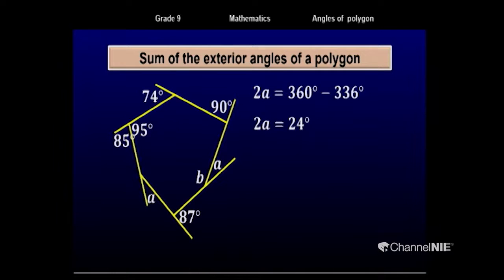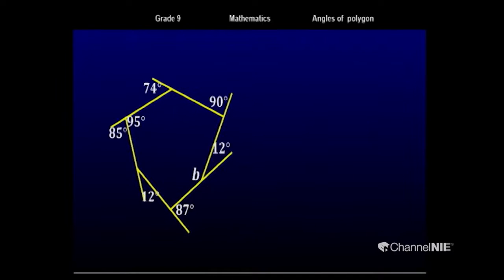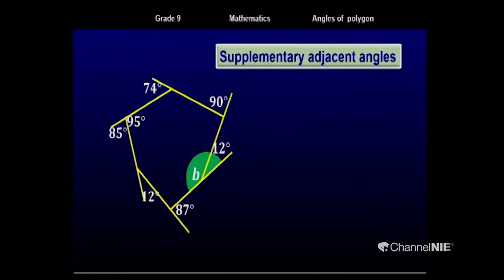But here we have to find the value of A. What do we have to do? Yes, 24 divided by 2. That means A is equal to 12 degrees. Okay children, now we have found the value of C and also A. Then we have to find the value of B. B and A are supplementary adjacent angles.